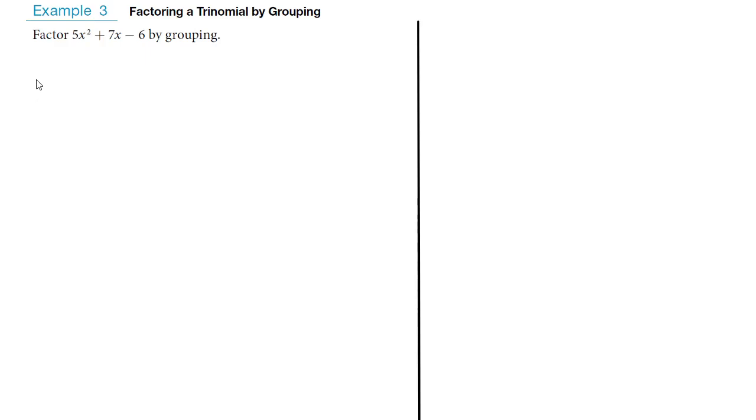In example 3, I want to factor the trinomial by grouping, and the trinomial is 5x squared plus 7x minus 6. So I need to find factors of 5 times negative 6, which is of course negative 30, and those factors must sum to positive 7.